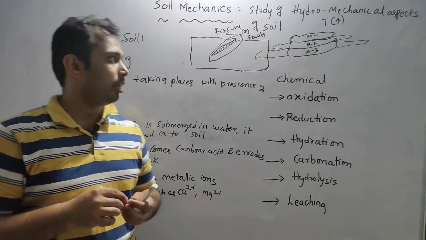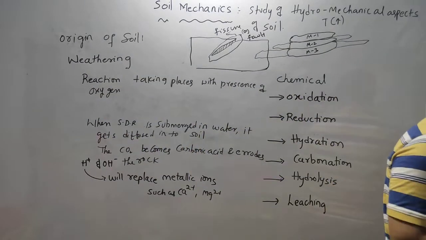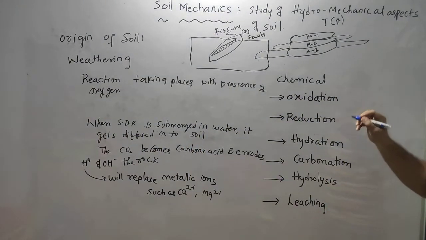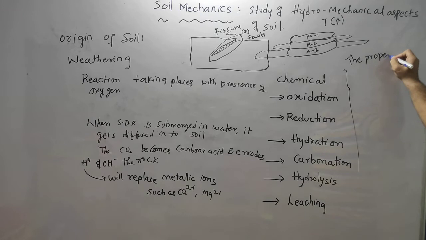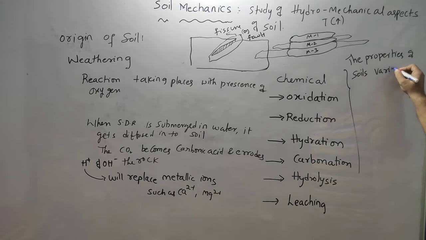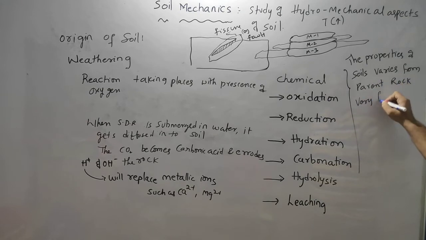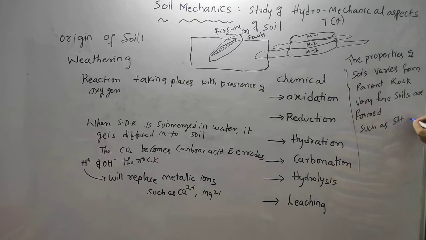These are the different kinds of chemical weathering actions. In chemical weathering, the properties of the soil vary from the parent rock, and very fine soils are formed, such as silt and clay.